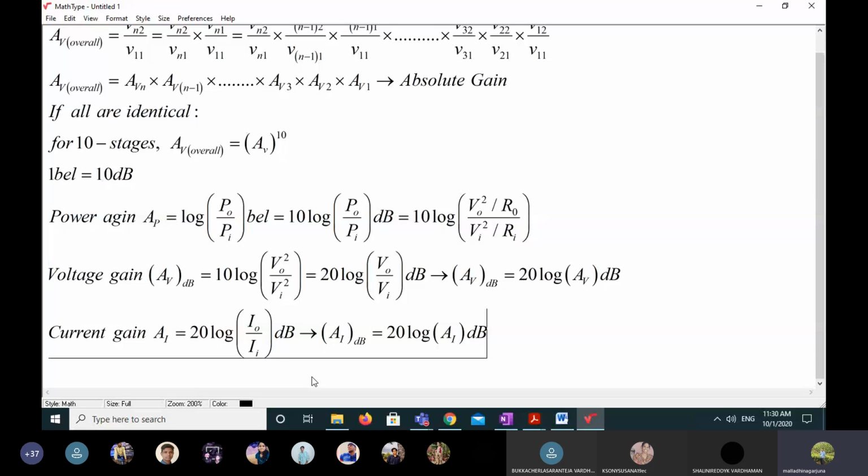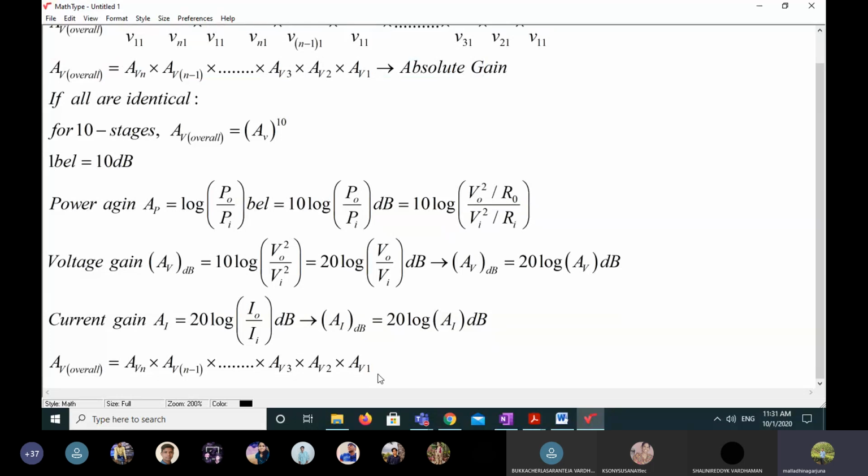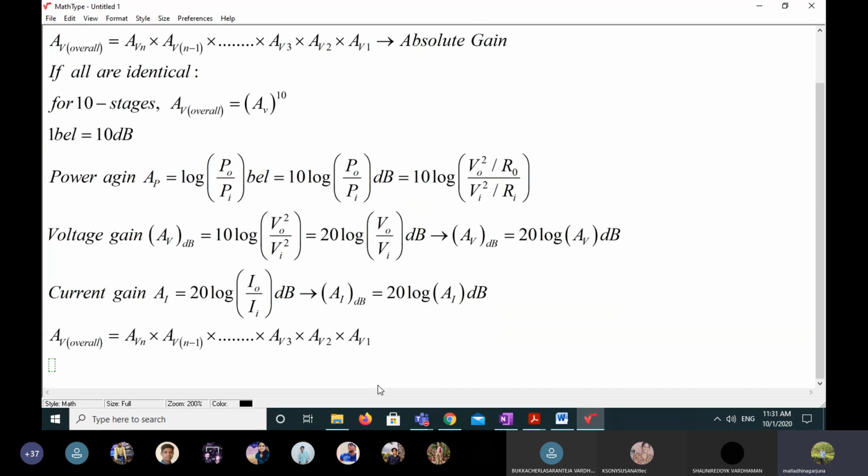Okay, now we take the same formula. This is the formula of overall voltage gain in terms of the absolute gain. If you convert into decibel, you apply 20 log on both sides: 20 log of AV overall equal to 20 log of all this term.